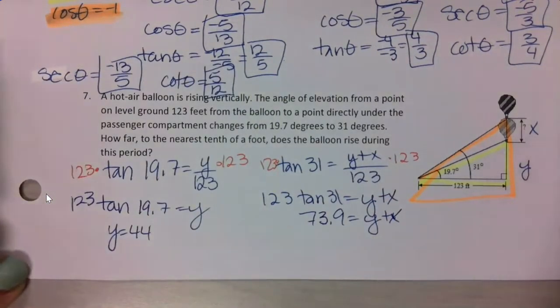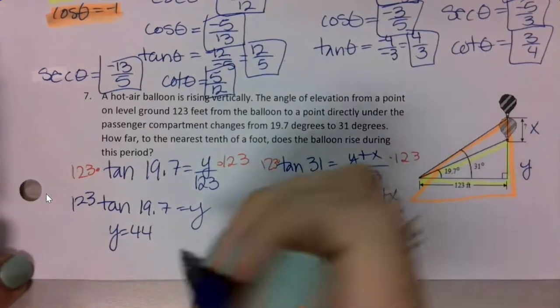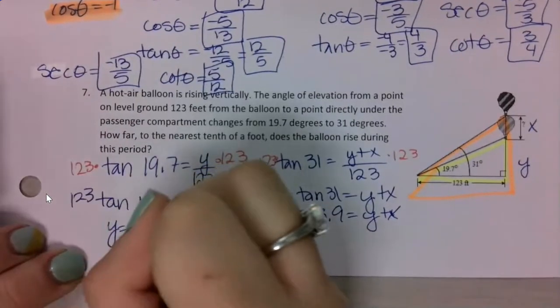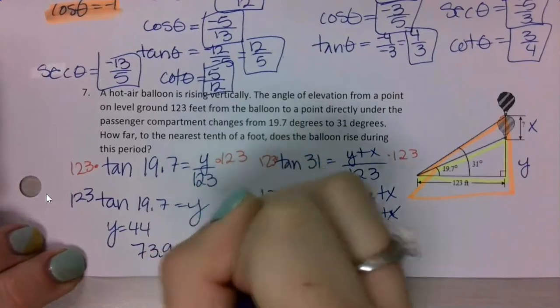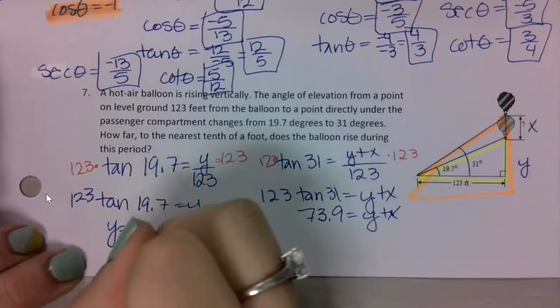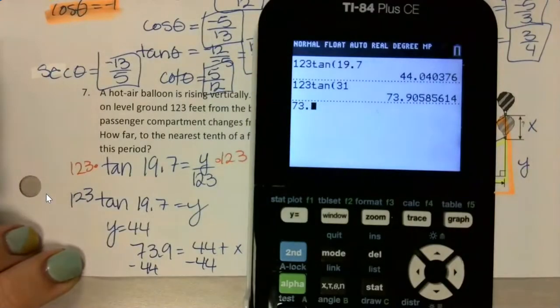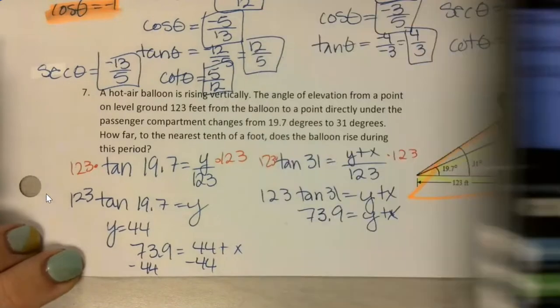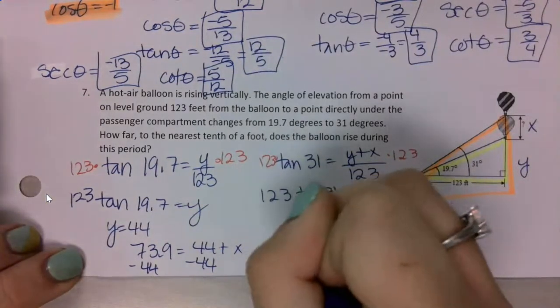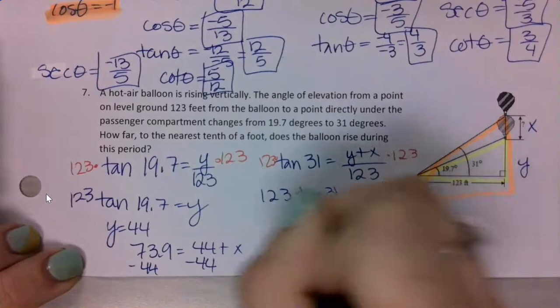Then I just need to go ahead and plug in 44 for y. So I have 73.9 equals 44 plus x. If I subtract 44 on both sides, 73.9 minus 44 gives me 29.9, and this was measuring feet.